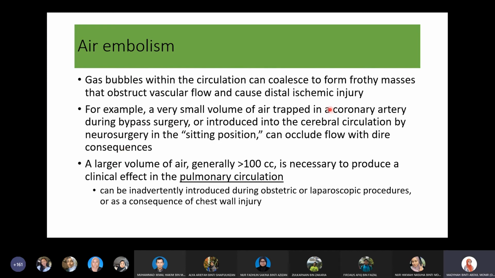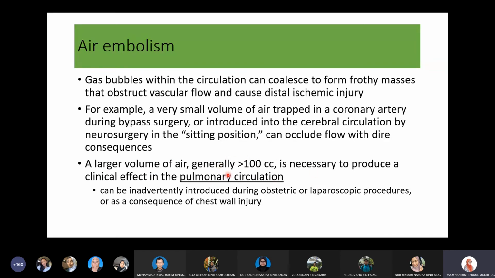Okay, if it happens in the coronary or cerebral circulation, a very small volume of air can cause dire consequences. But to have any clinical effect in the pulmonary circulation, usually the volume of air is more than 100 cc.